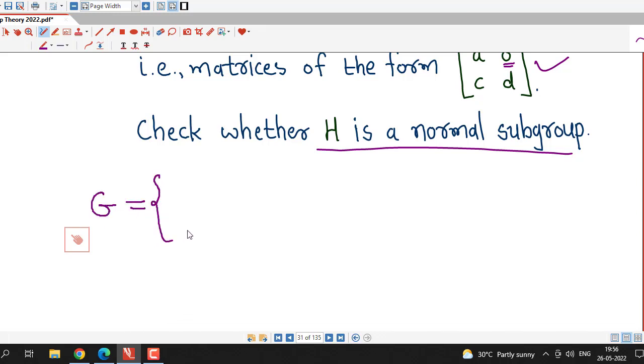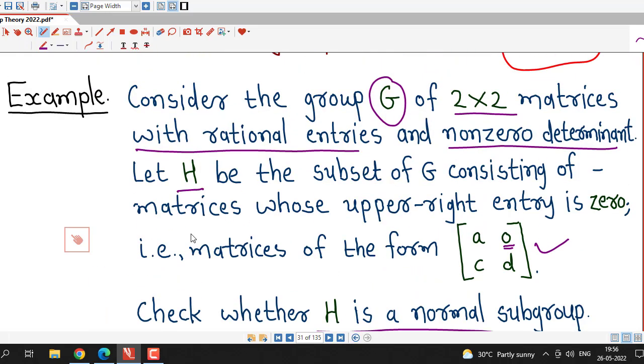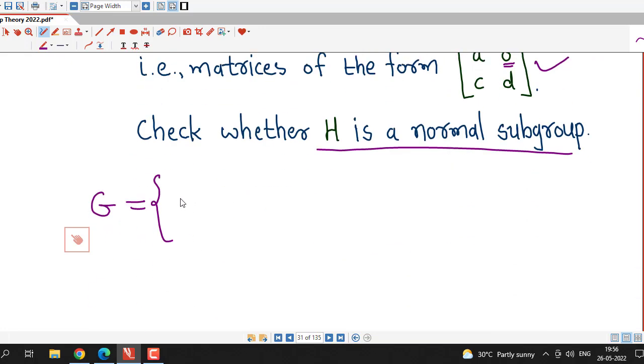Group G is given as the set of 2 by 2 matrices with rational entries and non-zero determinant. So we have this type of matrices. Suppose capital A is the notation for a matrix of order 2.